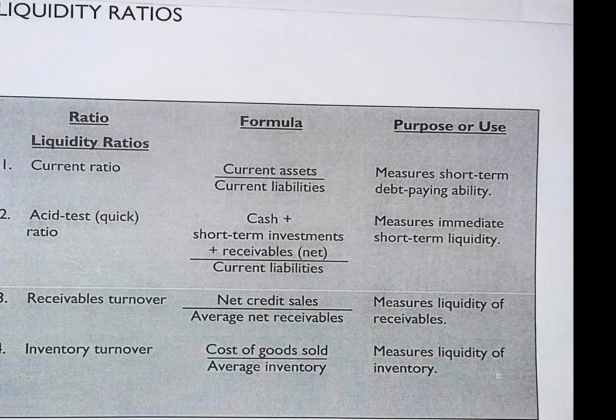And the average inventory means inventory at the beginning of the period plus inventory at the end of the period. We can use this one to measure liquidity of inventory.